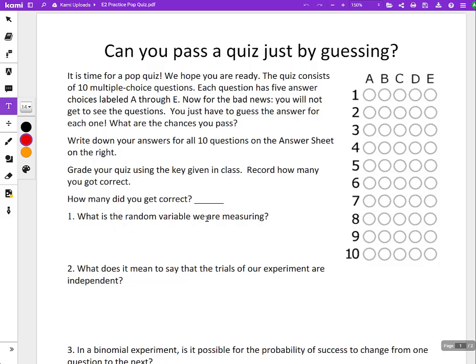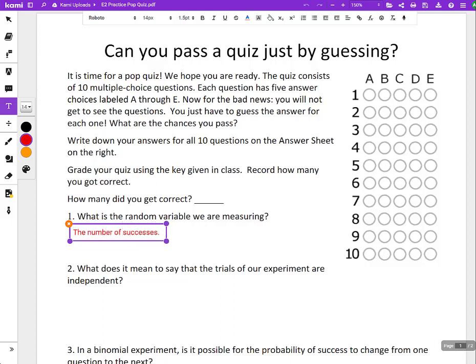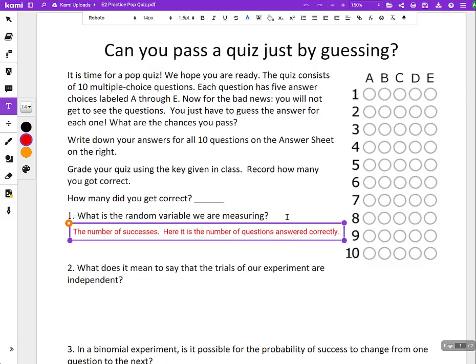So that gets to what is the random variable we are measuring. It is the number of successes. So in this case, it is the number of successes, and here it is the number of questions answered correctly.